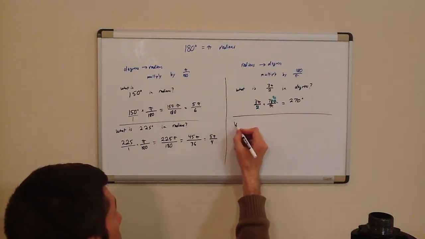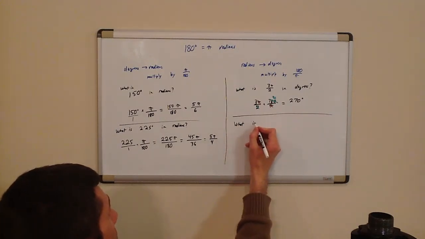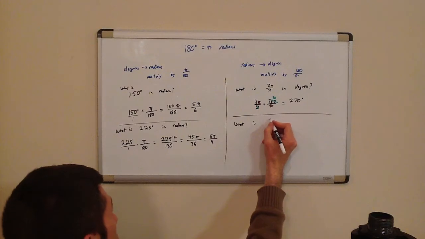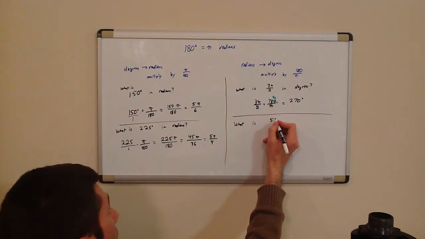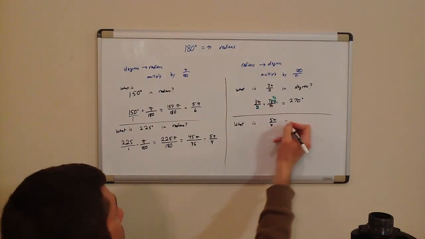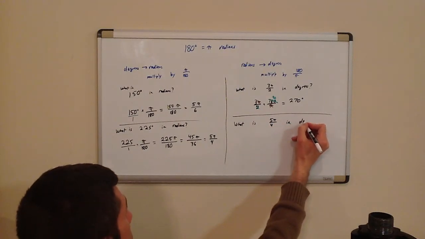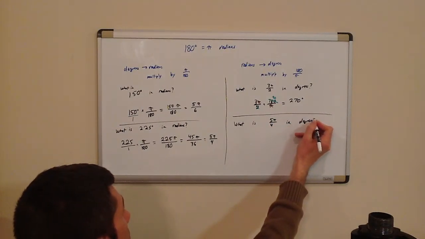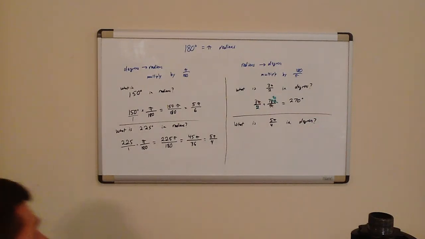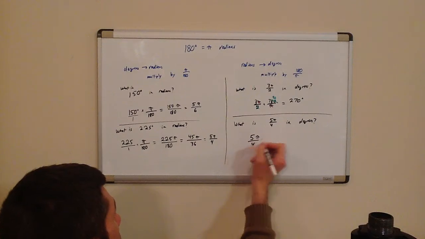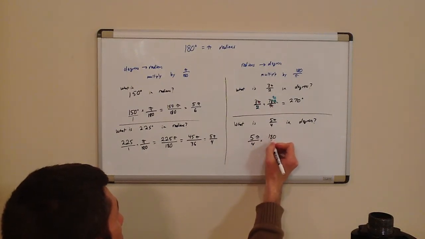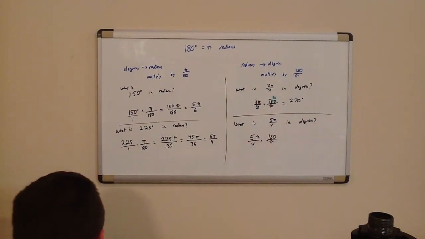Let's do another one. What is, I think of a good one, 5 pi over 4 in degrees? Okay, we're going to multiply by 180 over pi. So 5 pi over 4 times 180 over pi.